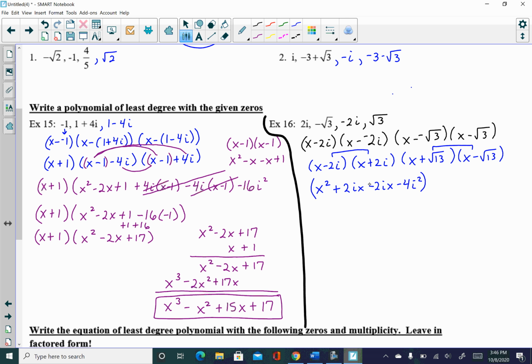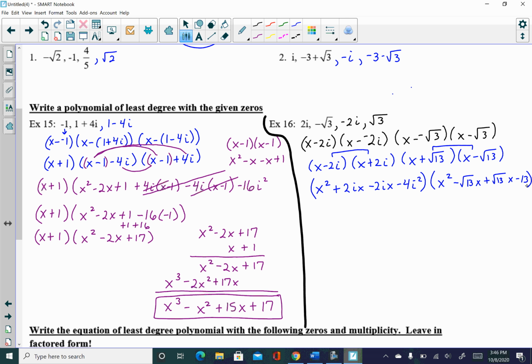So that's the first parenthesis. Let's go ahead and take care of the back here. FOIL again, x times x, outside minus square root of 3x, inside positive square root of 3x, and then last, anytime you take a square root and multiply it times itself, you get what's inside, but it's not going to be positive here, is it? A positive times a negative will give you a negative 3.